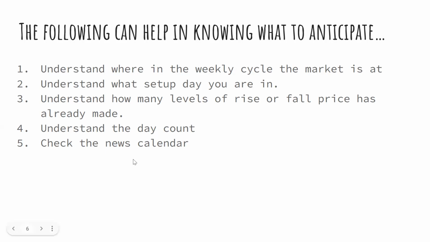You understand the day count, meaning are you at day one? Is Monday day one, Tuesday day two, Wednesday day three? Was there a false break at the low of Tuesday, coming out of breaking below or above Monday's high or low, and then closing back inside? That would be a false break.